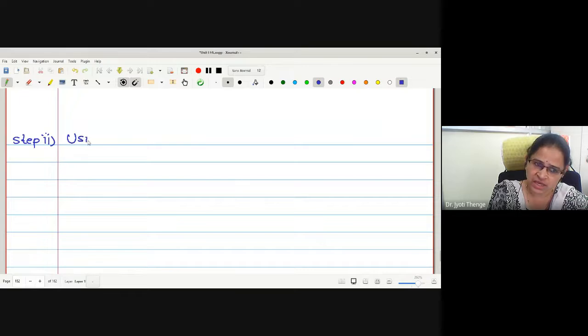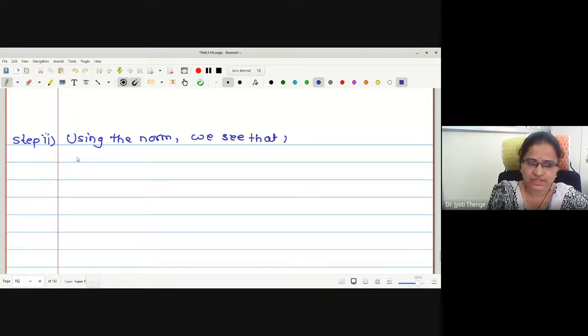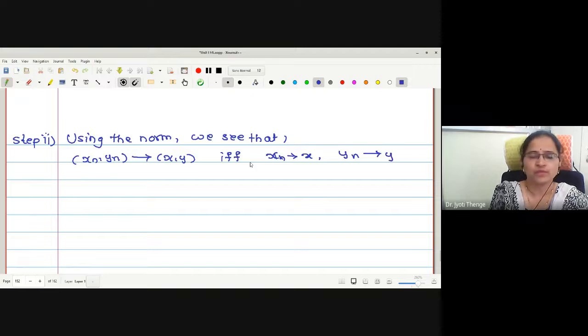Here I can say, using the norm, we see that if we consider a sequence (xn, yn) that converges to (x, y), this is if and only if xn converges to x and yn converges to y. Once we show this, it will be shown that this norm induces the product topology.